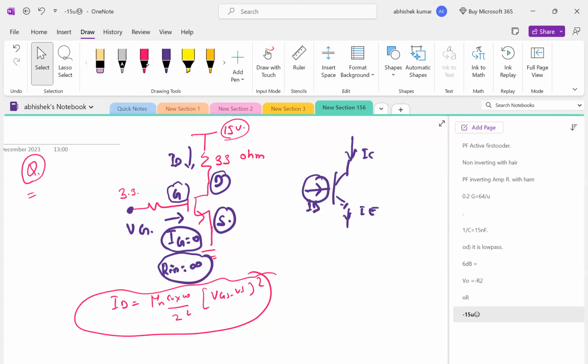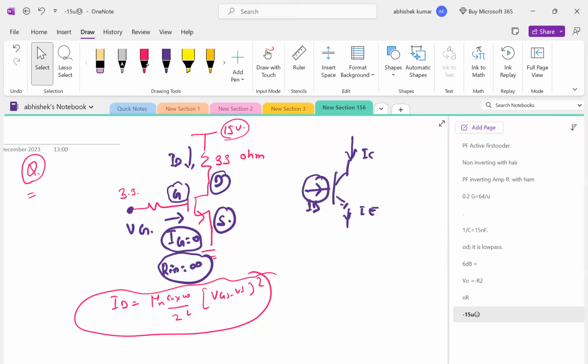So they're saying connect the 15 volt supply to the drain of the MOSFET, and the 33 ohm load between the drain of the MOSFET and the ground, that you already did. Connect the source of the MOSFET to ground. The gate of the MOSFET goes to the 3.3 volt logic signal.